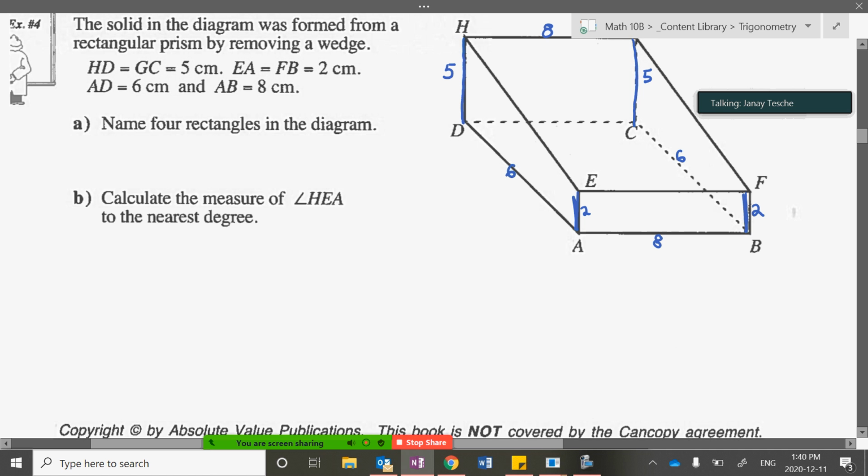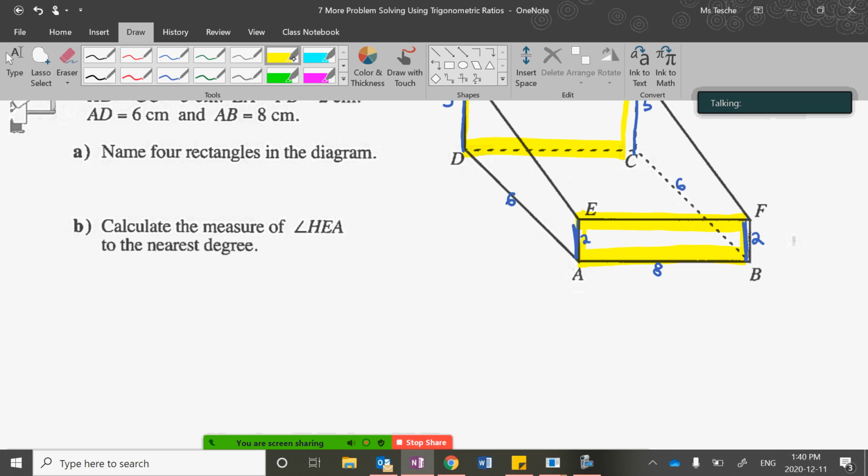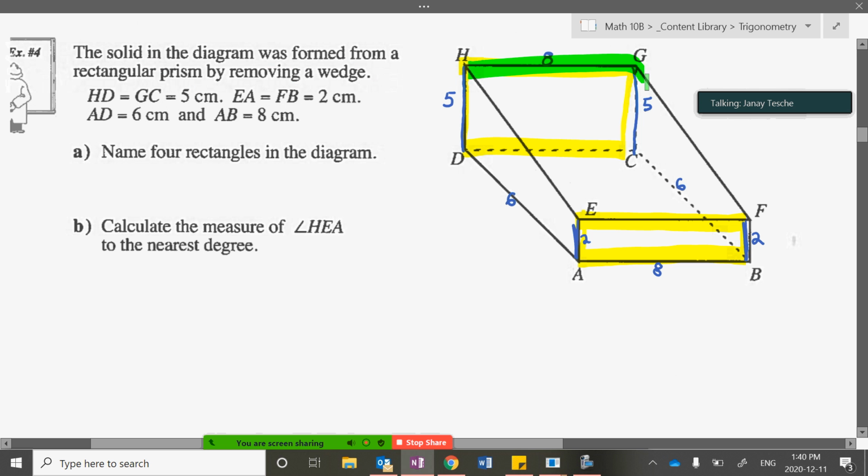The 4 rectangles in this one, I'm just going to talk about these. So the 4 rectangles we have are our very back one, like this back vertical piece. That's a rectangle. This front vertical piece. And then we have like the top of the ramp.